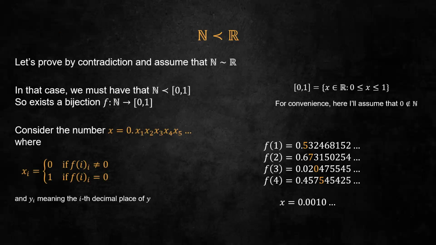So a bit more abstract: the decimal place i is going to be 0 if the value of f of i on the decimal place i is not 0, and will be 1 otherwise.